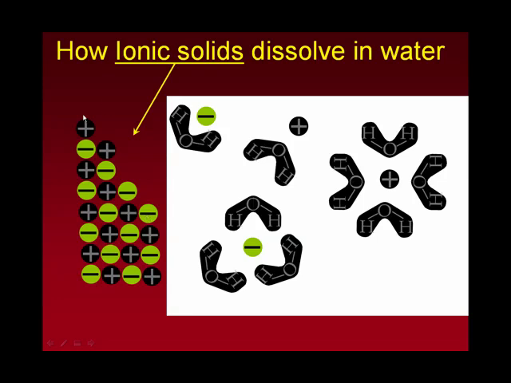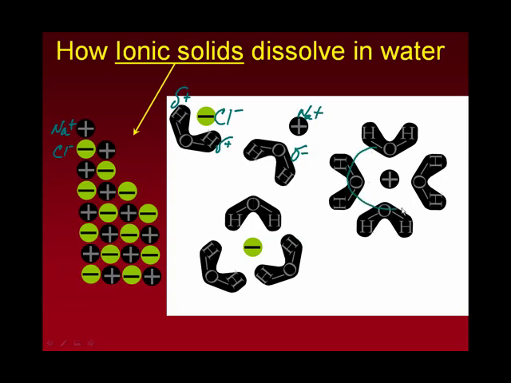What's happening here is your salt crystal is made up of Na pluses and Cl minuses in an alternating pattern. And so remember, the hydrogen has the slightly positive end, and so it's being attracted to the Cl minus, and then my oxygen is my slightly negative end, and it's being attracted to the Na plus.